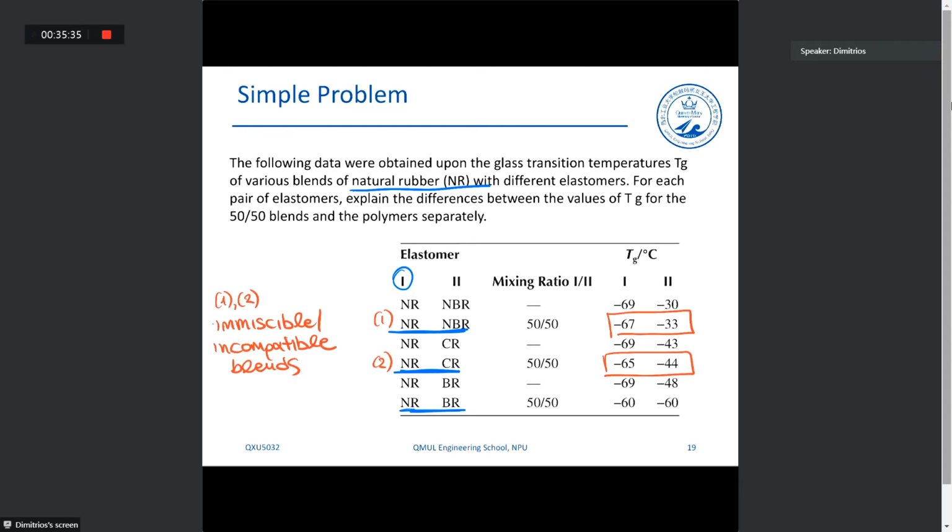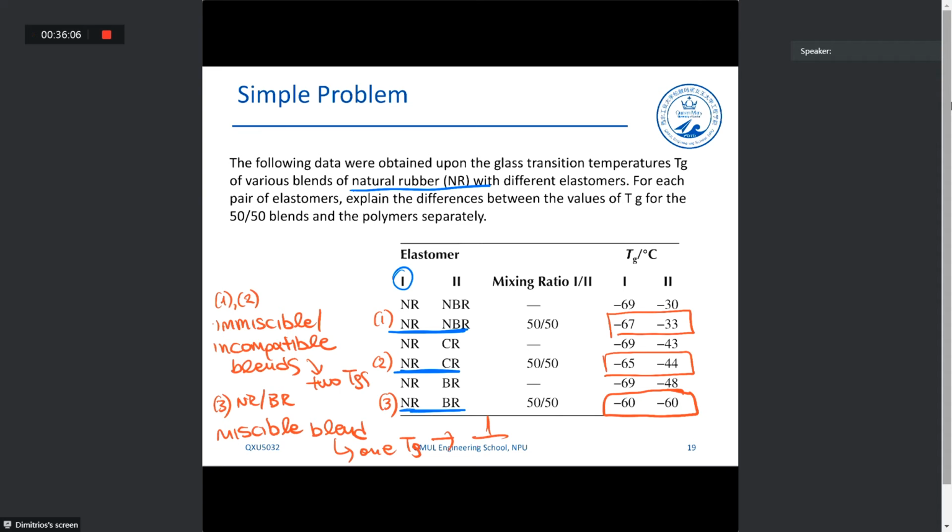On the other hand, if we look at the blend of natural rubber with butyl rubber, we can see that we have 1 glass transition at minus 60 degrees Celsius. That tells us that blend number 3, natural rubber with butyl rubber, is a miscible blend. So we have 1 Tg, 2 Tg.